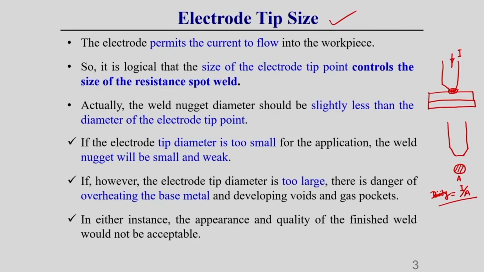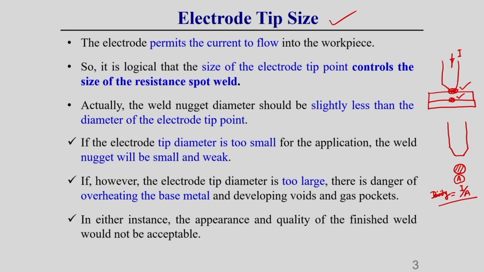That is why the electrode tip cross sectional area has a significant effect on the nugget size. Nugget size means the weld size or spot that is created, and it is affected by the electrode tip size.